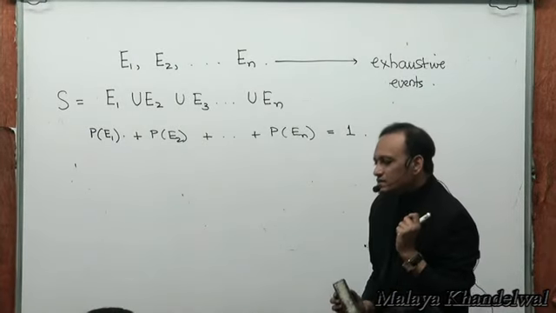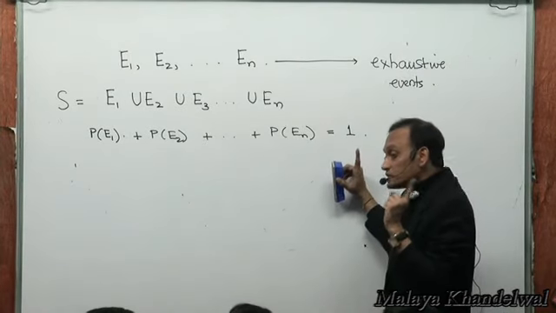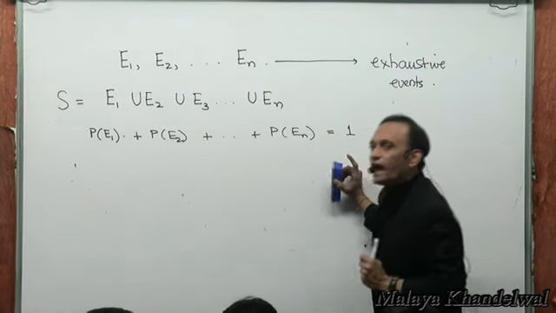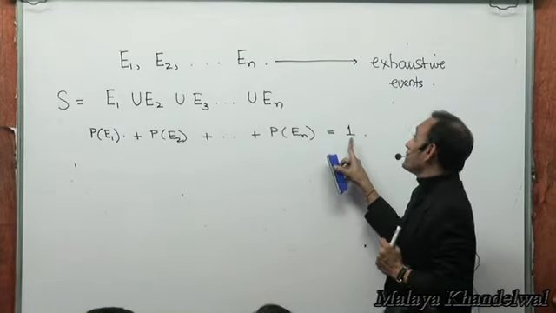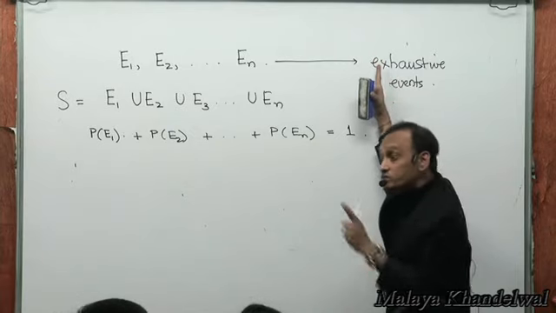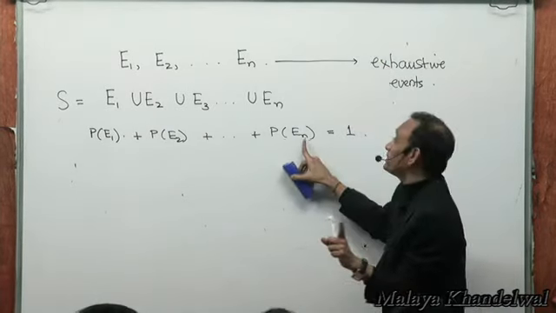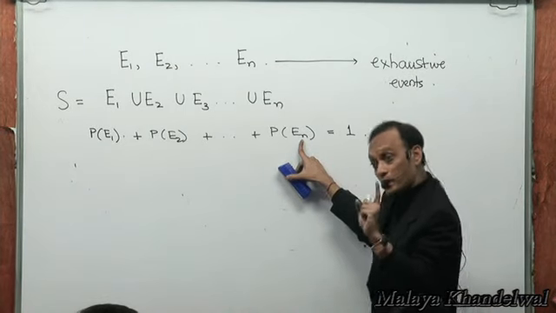No, there is a glitch here. Let me tell you, I must add another fact here. This may not be 1. This will be 1 if they are not only exhaustive but they are also mutually exclusive. Only then this condition will hold good. Think about it.